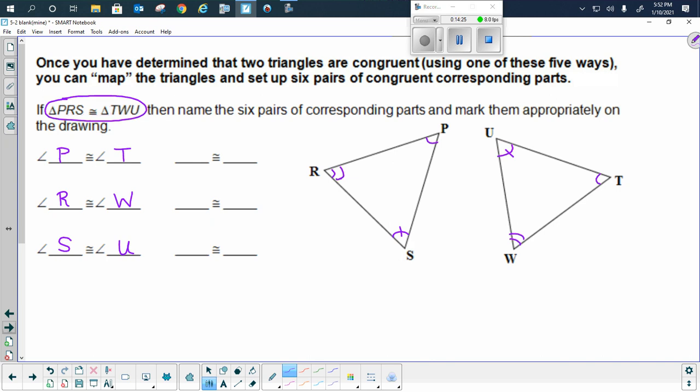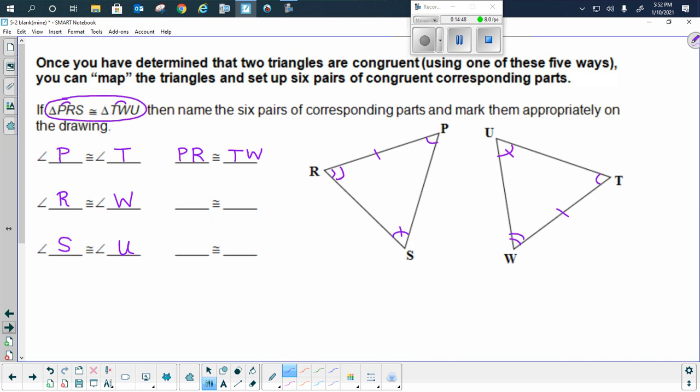And then we're talking about sides. Remember side PR? Since it's the first 2 letters up here, it would go with the first 2 letters here. So side PR is congruent to side TW. Mark them the same.